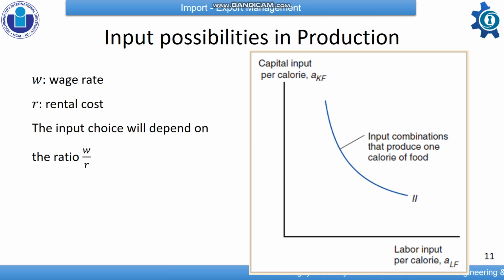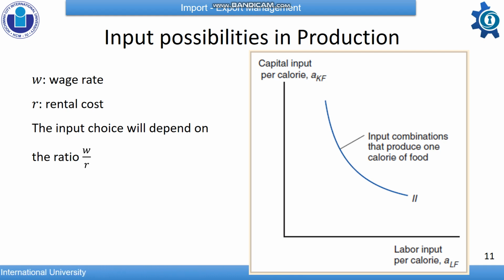Because in the two-factor model we have room for choices in the use of inputs, we can choose to use more labor or capital. For example, if you are a farmer, you can choose whether you want to use more labor or more machines. It depends on you.